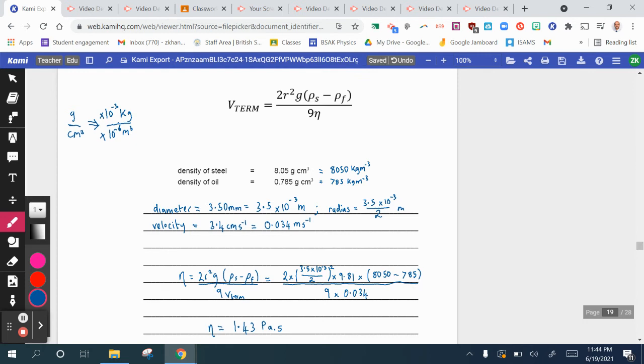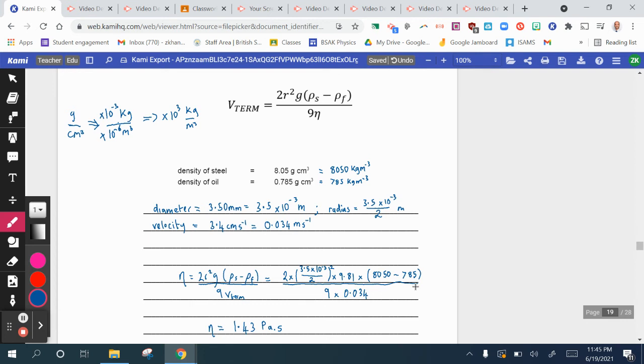We've got times 10 to the minus 3 at the top, times 10 to the minus 6 at the bottom, and it's a division, so it's 10 to the minus 3 minus minus 6, which ends up as times 10 to the 3 to get to kilograms per meter cubed. So multiply by 1,000 effectively to go from grams per centimeter cubed to kilograms per meter cubed.